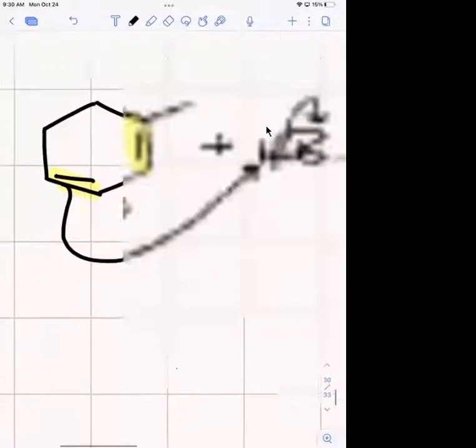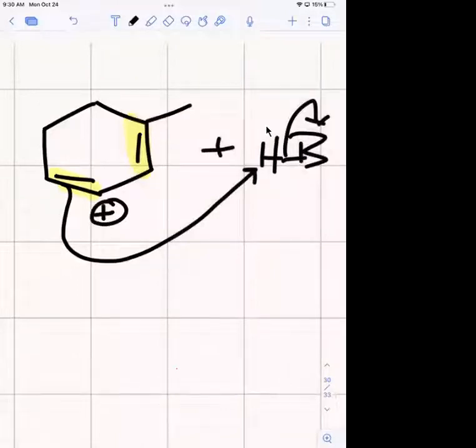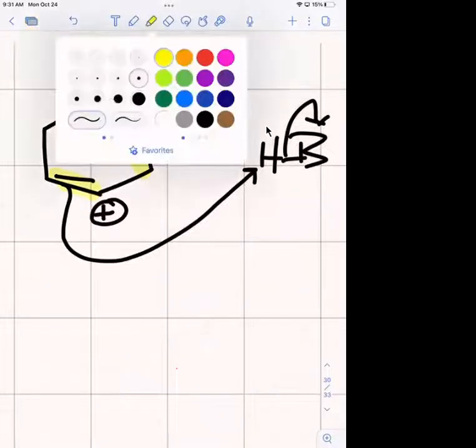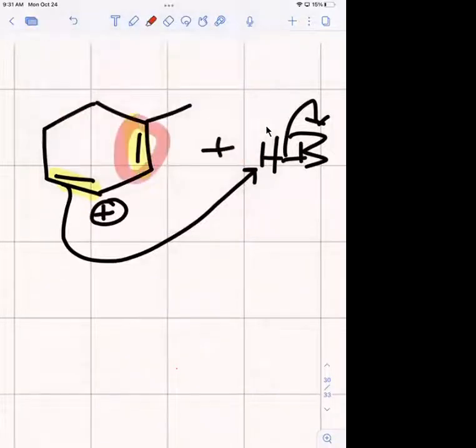If we were reacting this alkene right here, it's a given that the plus charge is going to be right here, because it's next door to this alkene. So the intermediate is always going to be allylic, no matter which double bond you use. The positive charge is going to be in an allylic position to the other alkene.